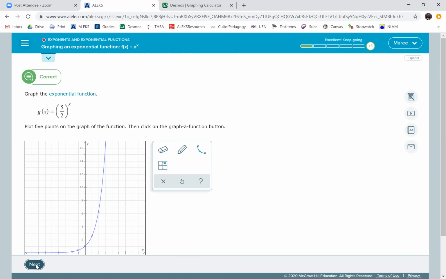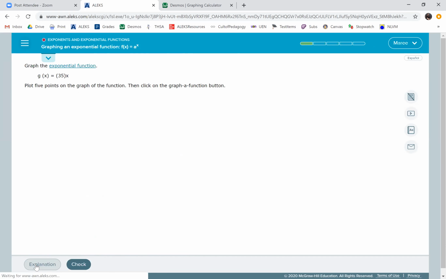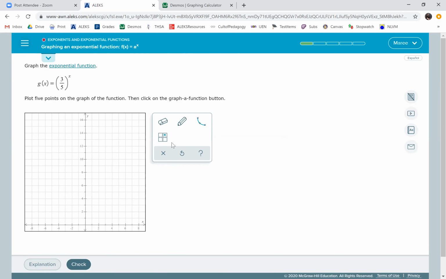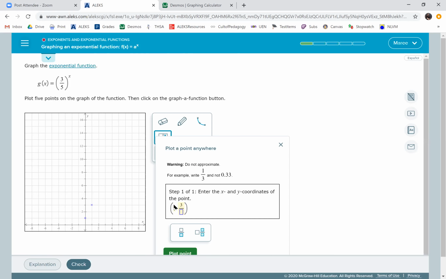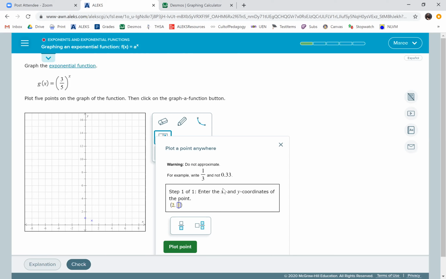So we can just plug in, I think 0, 1, 2, -2, and -1 are the best ones. So 0 is always 1. When x is 1, we just get the 3/5. When x is 2, we just square those, so we get 9/25.